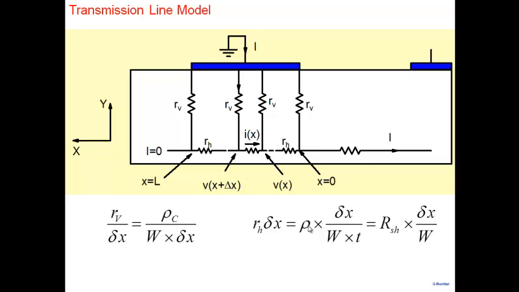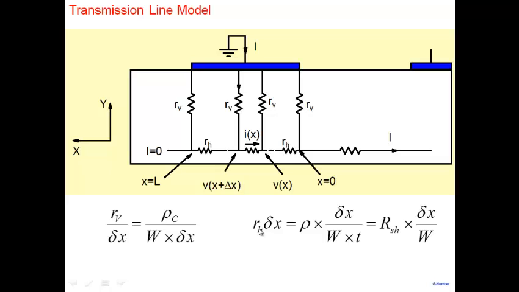And rho, the resistivity, divided by the thickness of the N-type layer is what we call sheet resistance. It has a specific name. Whenever you have a layer with a certain resistivity and a certain thickness, the ratio of resistivity and thickness is what we call sheet resistance. So this becomes R sheet times delta x by W here, and this we define as RH delta x here. RH is resistance per unit length here. So these are the definitions of RH.